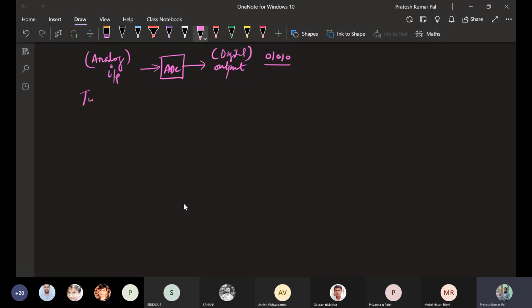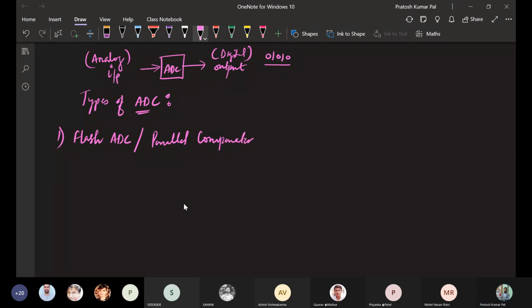So we will see the types of ADCs. The first type of ADC we call the flash ADC, or the parallel comparator ADC.